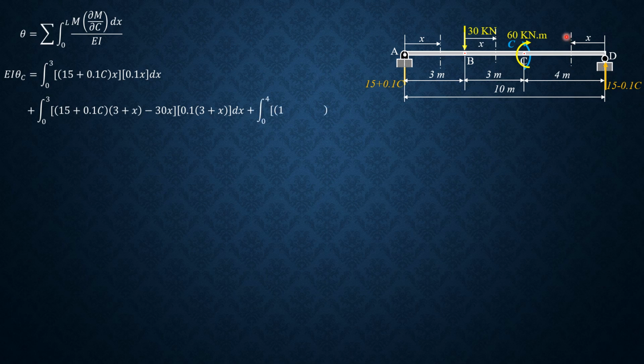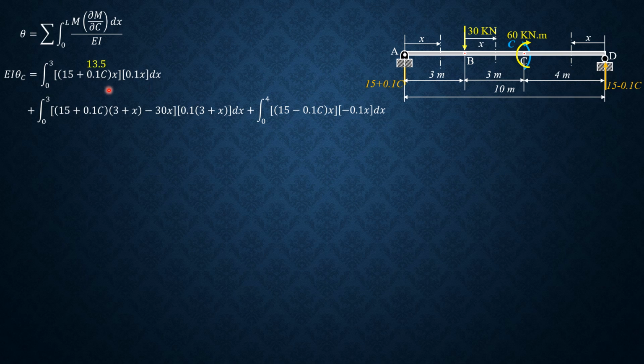So the partial derivative is negative 0.1 of x. So prior to integration, set C to 0.